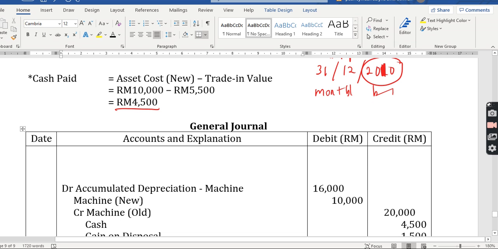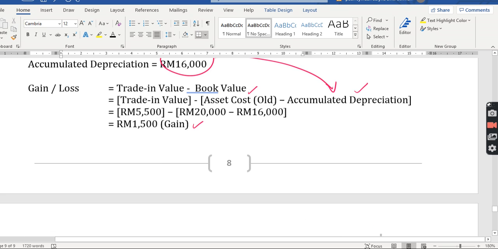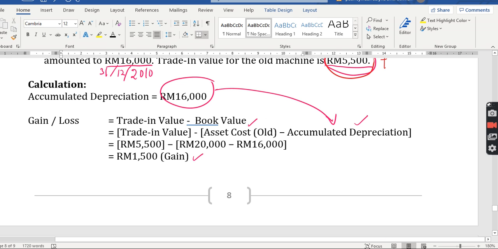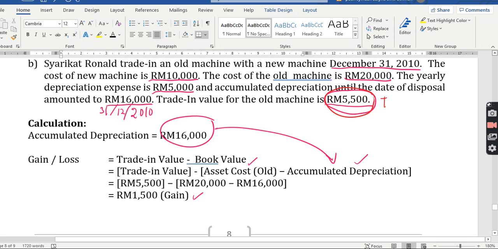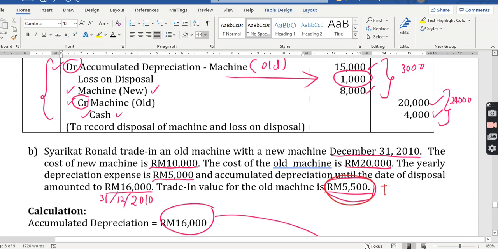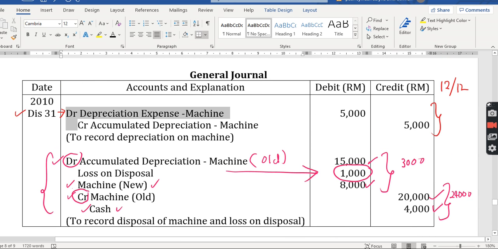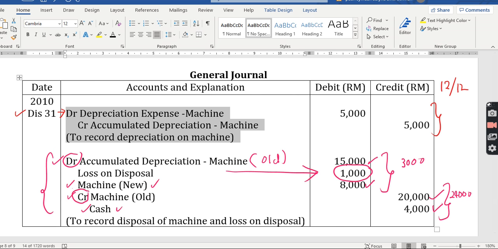Okay, so for this question kita akan debit dulu the depreciation expense, and we will credit the accumulated depreciation for the asset.